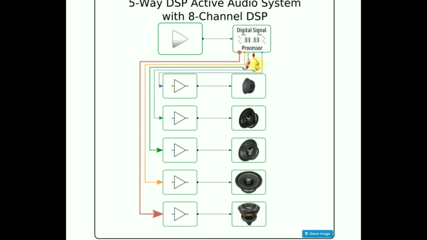We're not using any passive crossovers, and he's got these 4 different sizes of speakers that all need to have their own bandwidth, their own bandpass. And then, of course, the subwoofer needs to have its own filters separately. So that's how I came up with the 5-way designation.